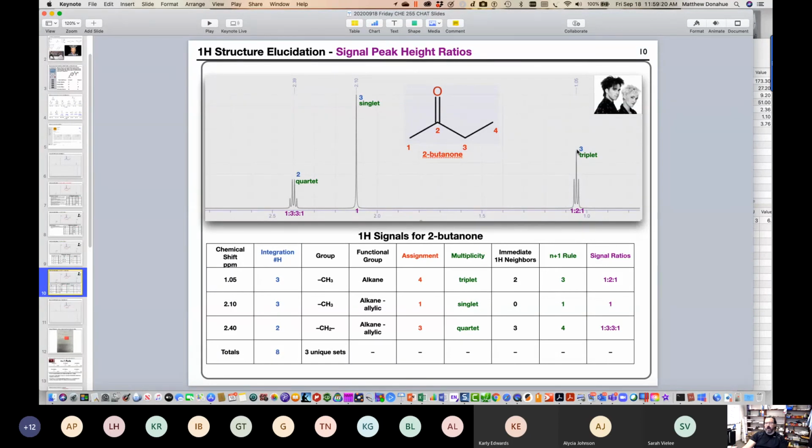And so the tallest one is 5. So you get 1 to 2 to 1, and that's the measurement from the baseline to the top of that peak. So 1 to 2 to 1. The singlet, there's only 1, so that's 1. The quartet, if you measure, that's 1 to 3 to 3 to 1.